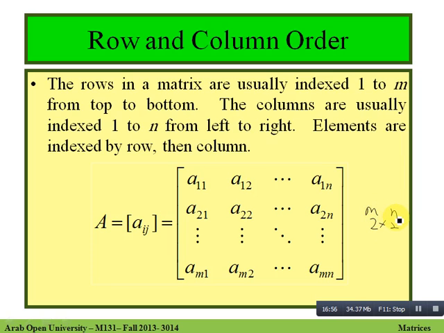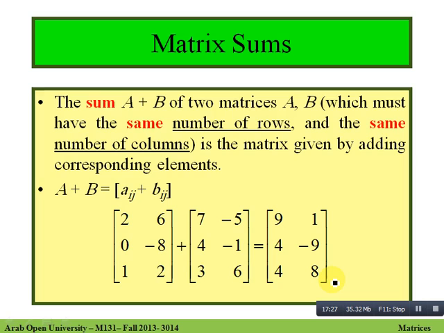The general form is given here: A is equal to the array of a_ij, in which the elements are a11, meaning first row first column, then first row second column, up to first row, last column, the nth column. In the same fashion, second row first column, and it goes to the m-th row, the last row, first column, last row second column, and the last row, last column. This is how the order of rows and columns comes in a matrix.